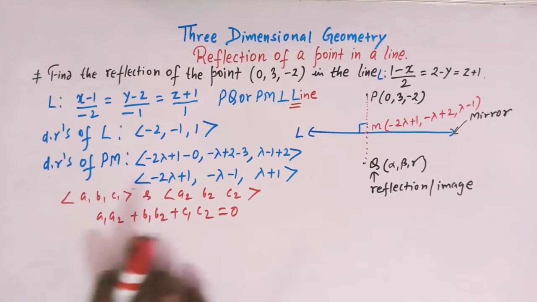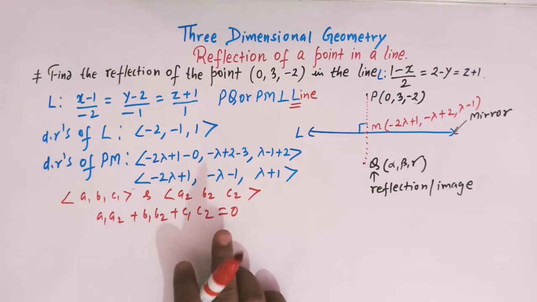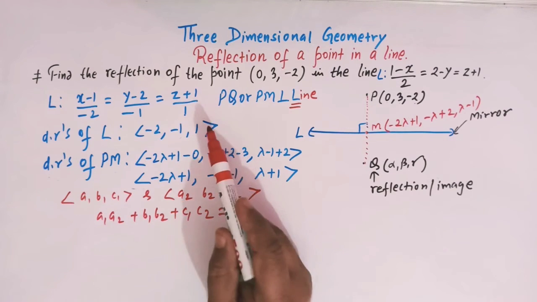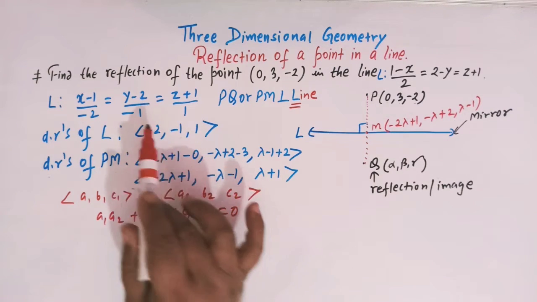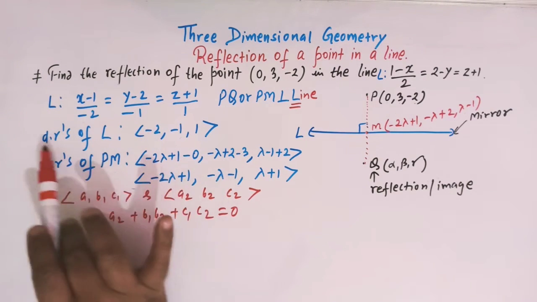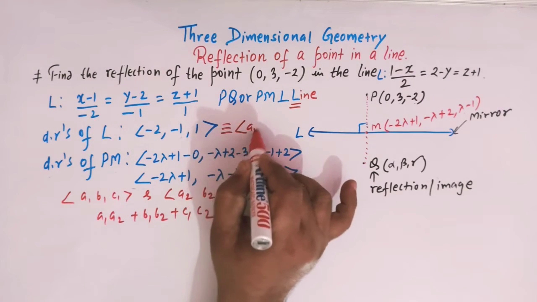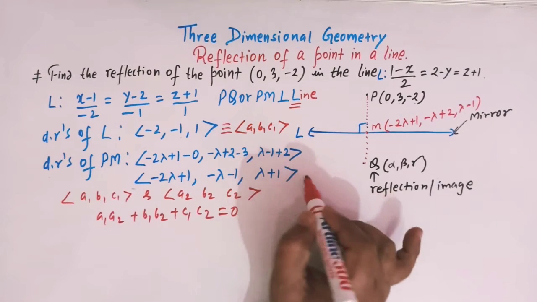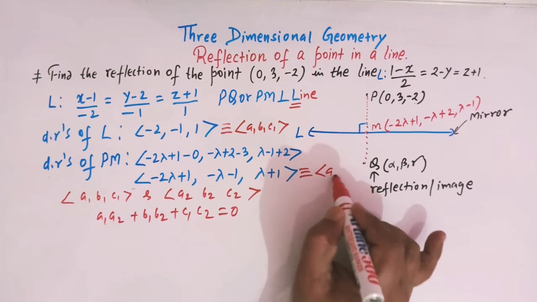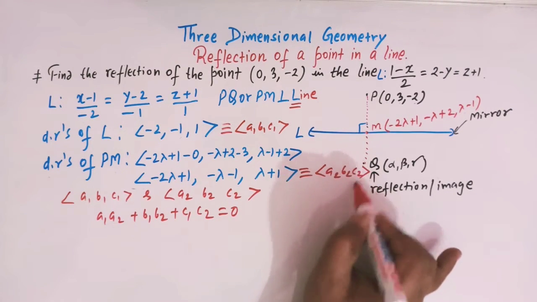This condition will be used to find the scalar lambda. These numbers, the DRs of the line L, may be taken as A1, B1, C1, and these DRs may be taken as A2, B2, C2.